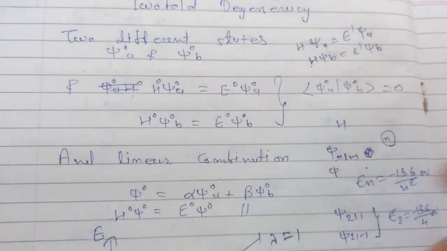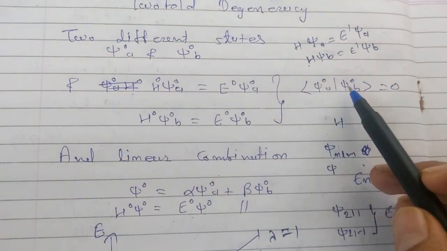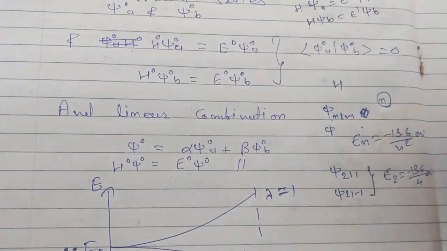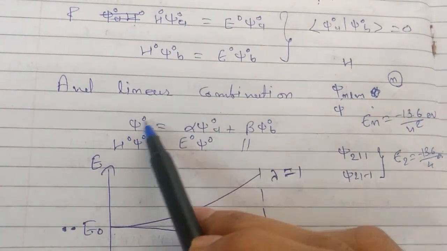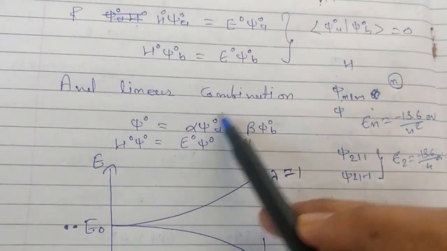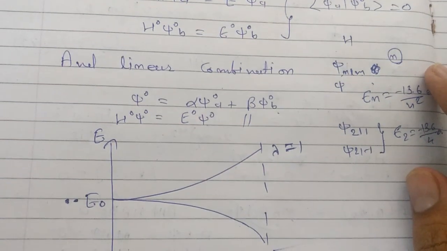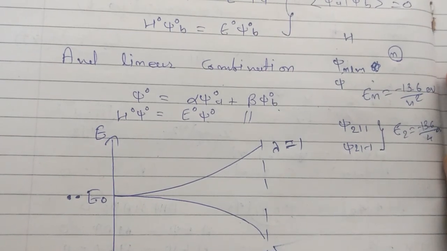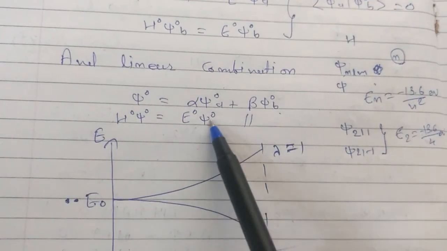Same for B. Here the two states psi A and psi B are orthonormal. The linear combination of those two states will be psi naught is equal to alpha psi naught A plus beta psi naught B, where alpha and beta are constants. And again, if the unperturbed Hamiltonian acts on the wave function psi naught, it will give E naught psi naught.